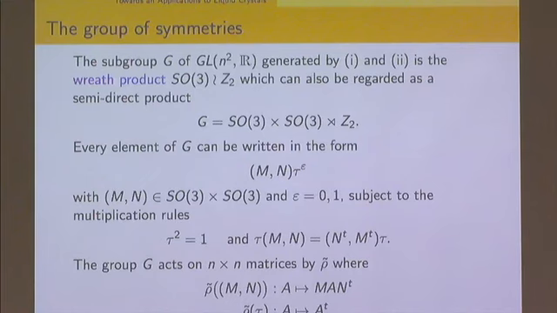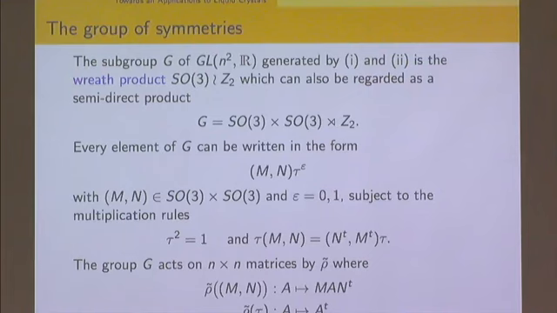You have matrices (M, N) in SO3, and you have tau epsilon, where tau epsilon squared is 1. It's one of the properties of the transposition. And if you apply tau to (M, N), you do this, which is also very natural.